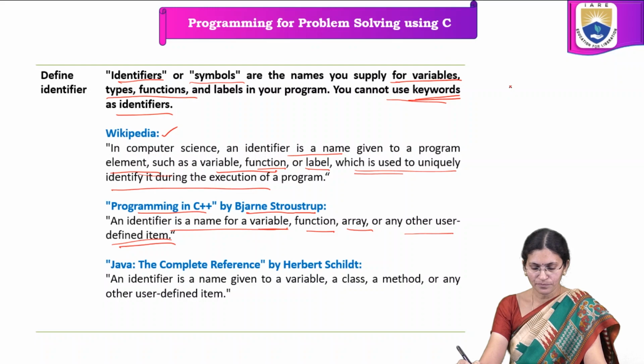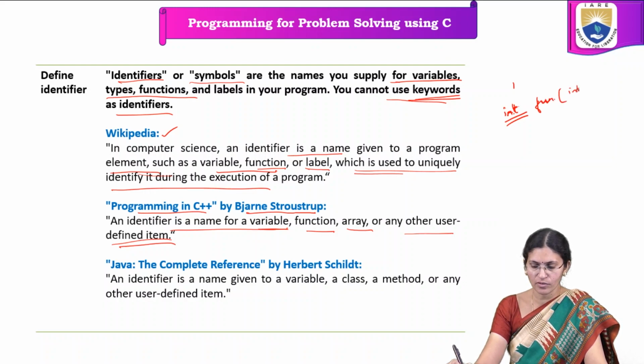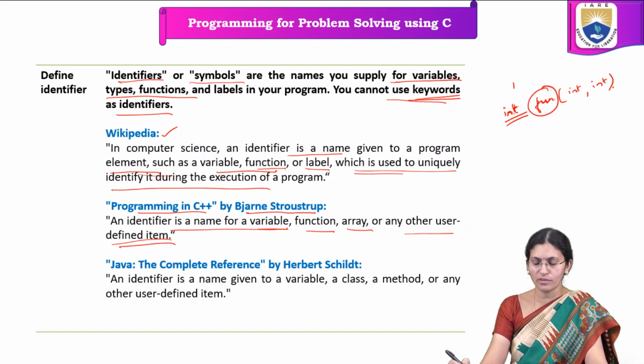For example, this is how we write the prototype of the function: the return type of the function, and after that the name of the function. Suppose you write fun as the name of the function, and inside the brackets you write the parameters. Here fun is the name of the function.